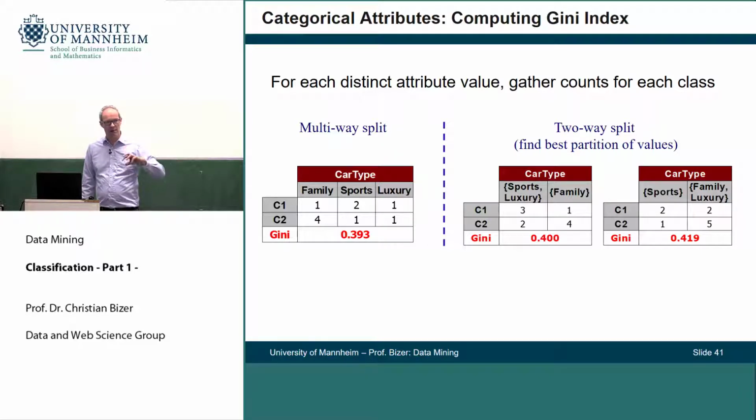Here, sports car combined with luxury versus family car, or sports versus family car and luxury. We calculate the Ginis for all these splits, and we would conclude that the three-way split is the best one. If we want to do two-way splitting, likely the first one is the better one.